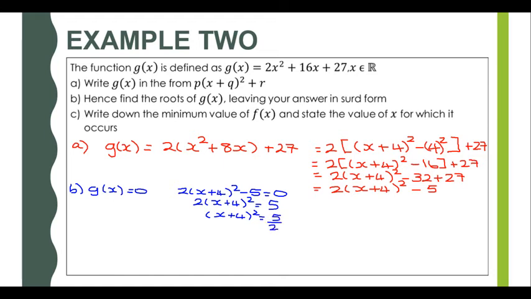And if we take the square root, we get x plus 4 is equal to plus or minus square root of 5 over 2, giving us x is equal to minus 4 plus or minus the square root of 5 over 2.